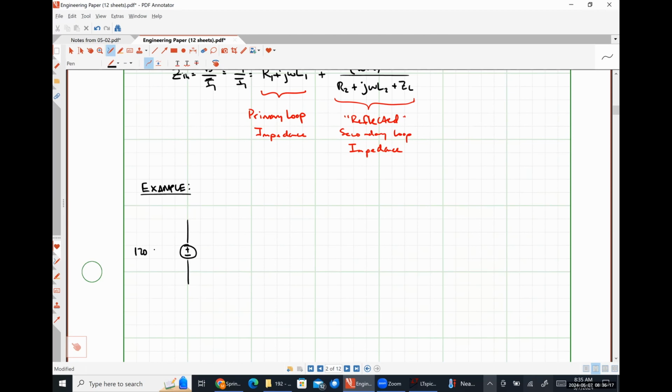We have a 120 angle 30 degrees volt source connected to terminals A and B. Here we have a 3 ohm resistance, and also a minus j2 ohm capacitance, and then a j5 ohm coil impedance, dot on the top left.